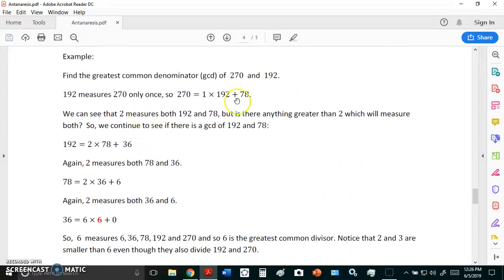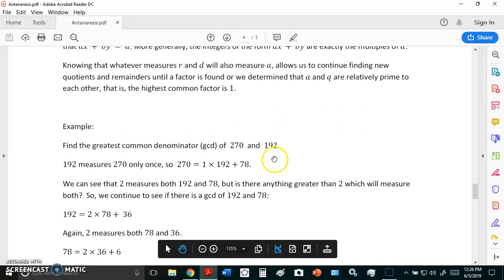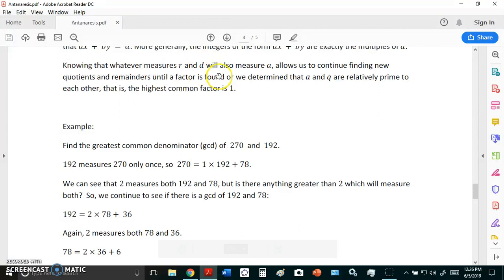And so here I'll also give you an example of how to find the greatest common denominator of 270 and 192. It's very simple. If I were you, I would read it to understand it. What we're trying to do is find the greatest number that will measure both these two numbers. And of course, I explain here that whatever measures the remainder, the divisor will also measure the number a.